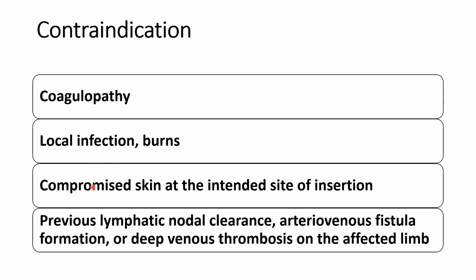If there is compromised skin at the site of insertion, or if the patient had previous lymphatic nodal clearance for any reason, or AV fistula formation or deep vein thrombosis in the affected limb, then don't perform IV cannulation in that limb.